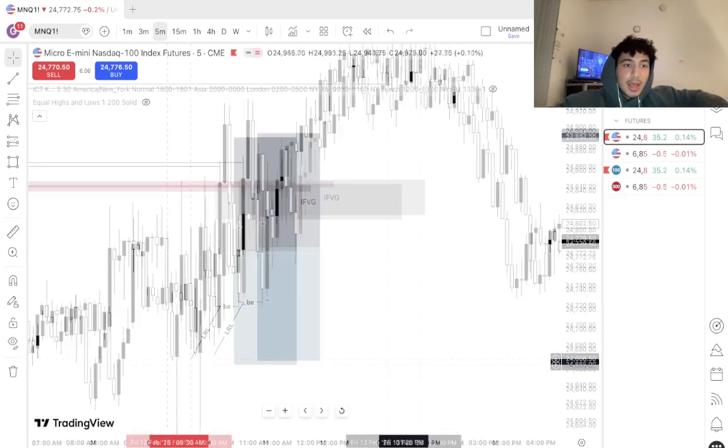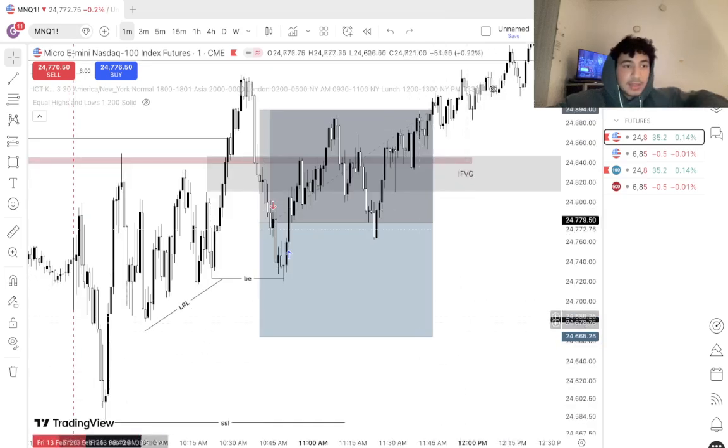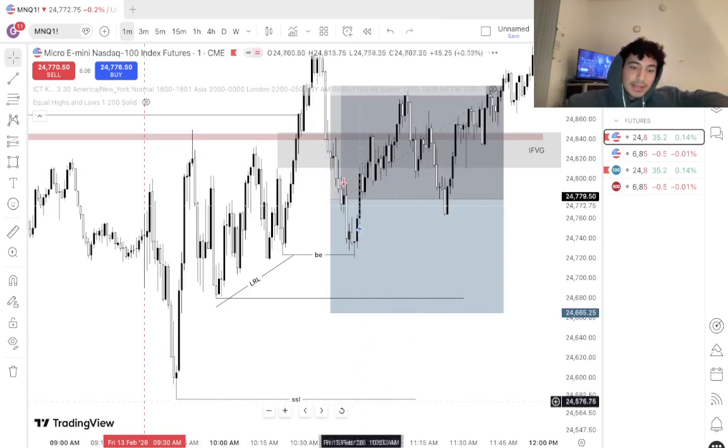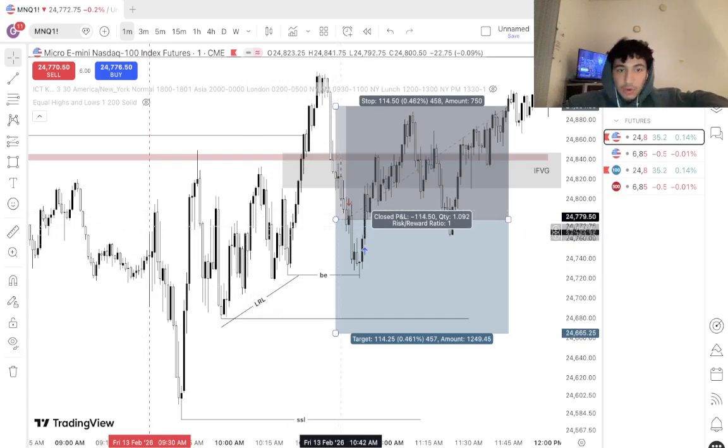I entered there and was just aiming for a 1 to 1, the lows of this accumulation zone, because this is high resistance so I'm more highly convicted. I'm going to go break even at this internal low as the first target, because since this is low resistance liquidity, I want to see a straight candle going through it.